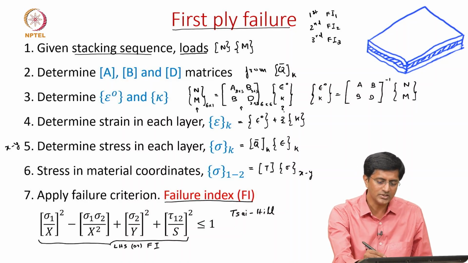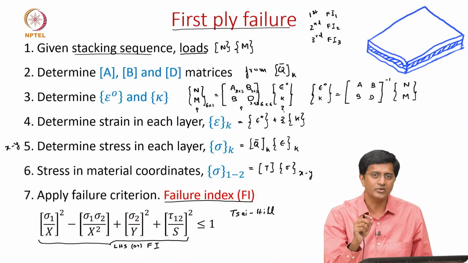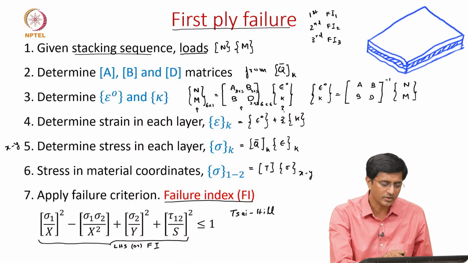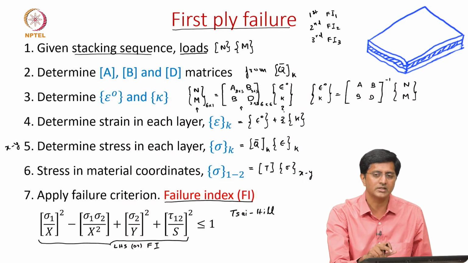So looking at these failure index values, can we say which of these is the first failure? It all depends on the values. So the one having the highest value is the one which is prone to first failure. Meaning, it is also possible that for the given loads, maybe all of these laminas fail, or none of these lamina fail, or maybe one of them fails and the other doesn't fail.